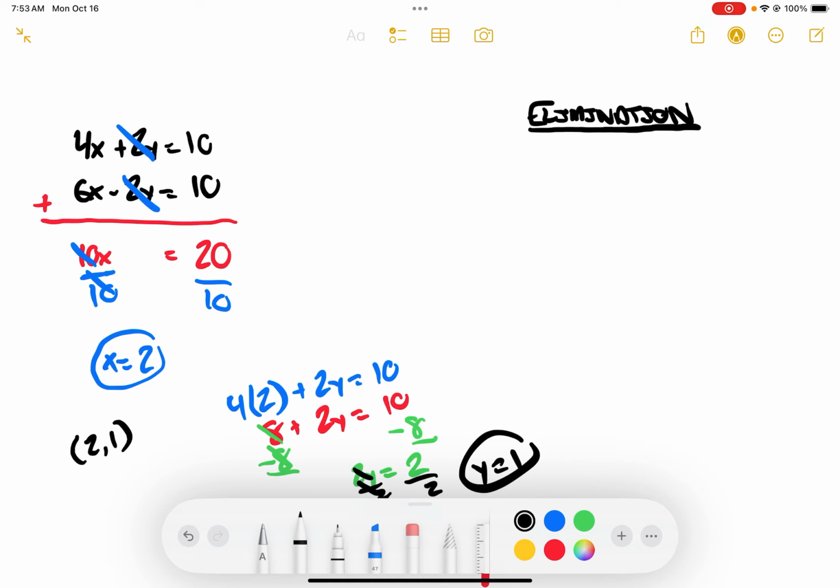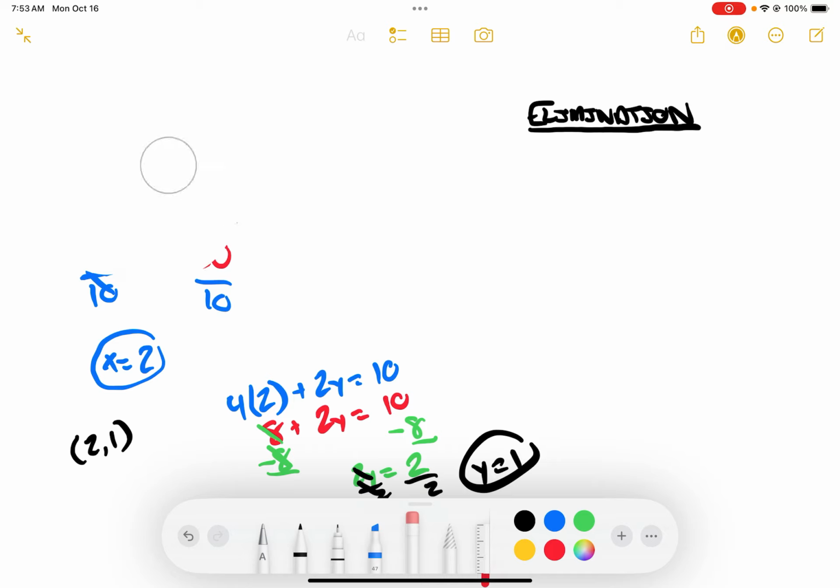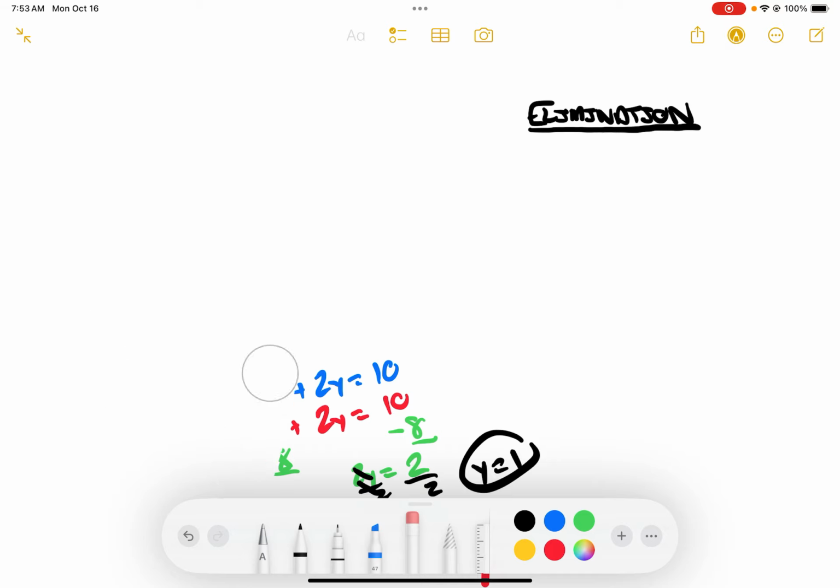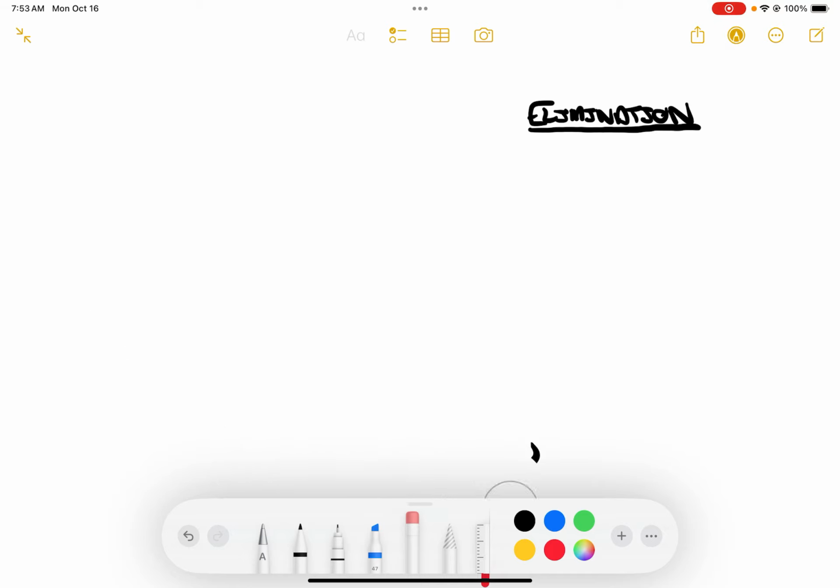And it is going to be a matter of choosing between one method or the other. A lot of students will pick one method that they like, and it's their ride or die. And they'll do it for every single system till death do them part. And I don't recommend that, because a lot of algebra in general is looking at your ability to pick the appropriate method to solve a problem, the one that's the path of least resistance.